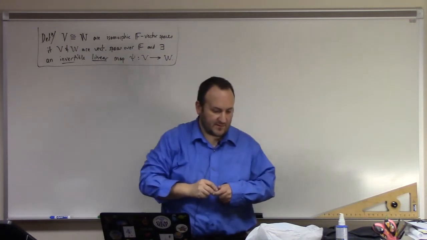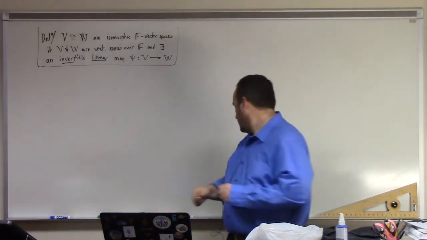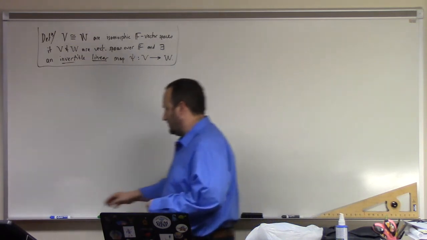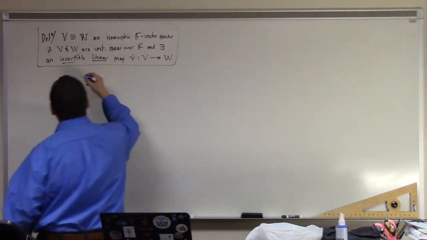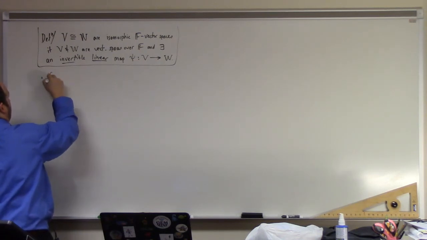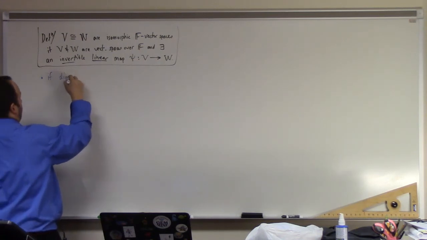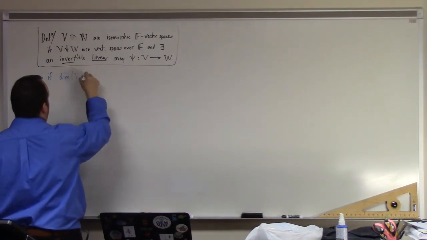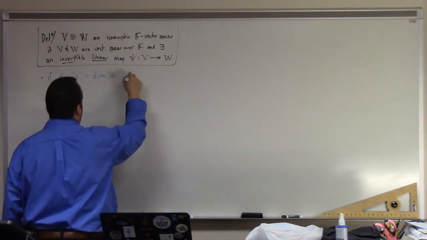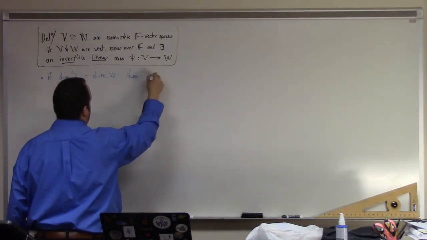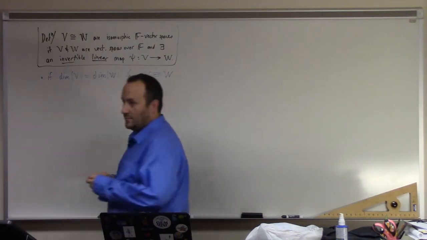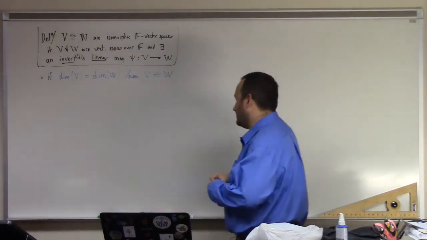Some practical comments. If the dimension of V is equal to the dimension of W, then V is isomorphic to W. Right.